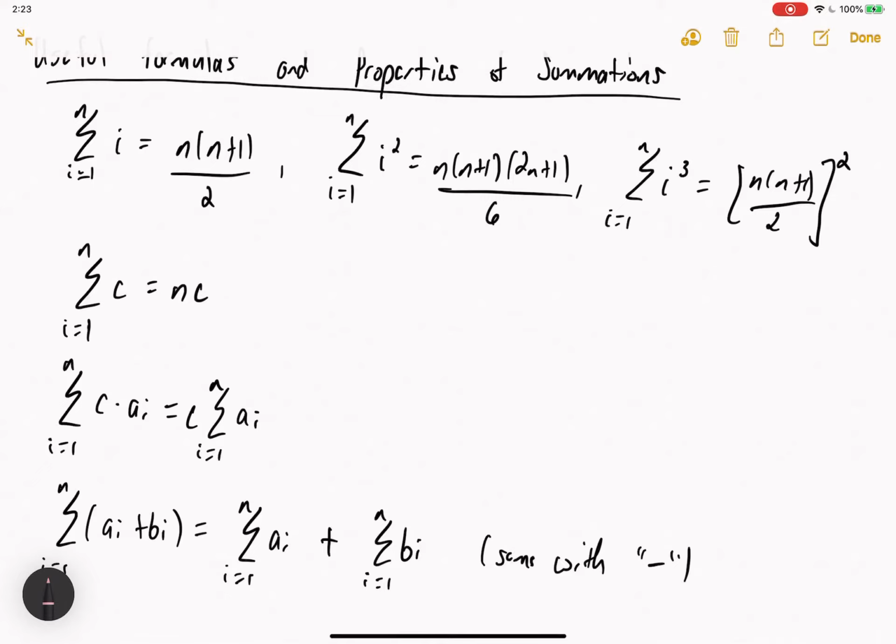The first one is the sum from i equals 1 to n of i, which equals n times (n plus 1) divided by 2. Basically this is saying that if you add all the numbers from 1 plus 2 plus 3 all the way up until you stop at some number n, then that will be equal to n times (n plus 1) divided by 2.